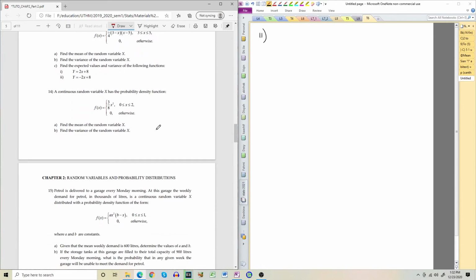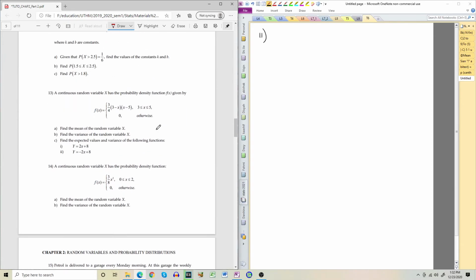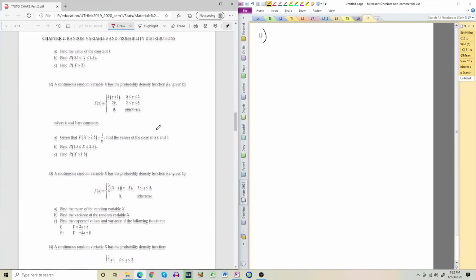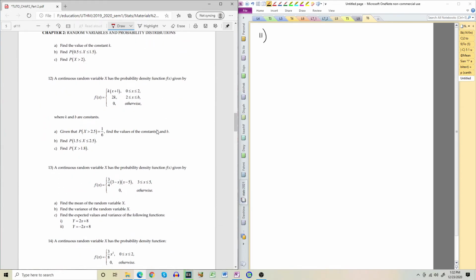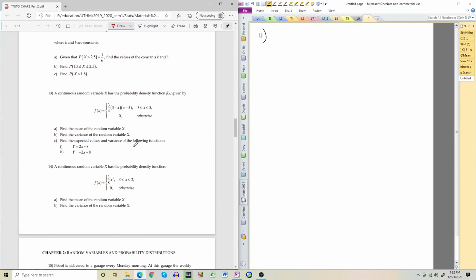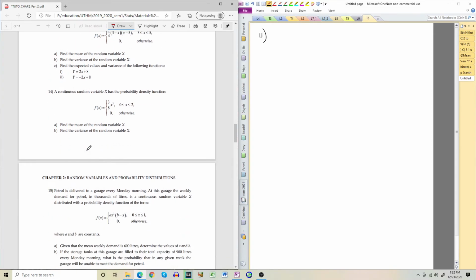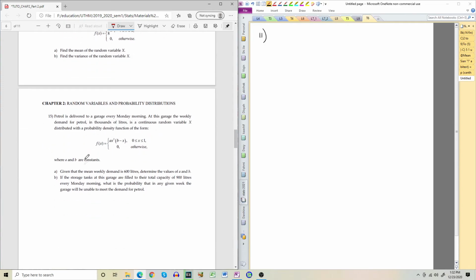Question 11, you can skip for a while. Actually I need to add some more information inside here. Next time I will inform that. The mean and variance, the expected value, you can find from question 13 and 14.